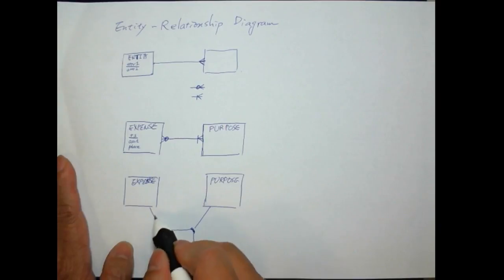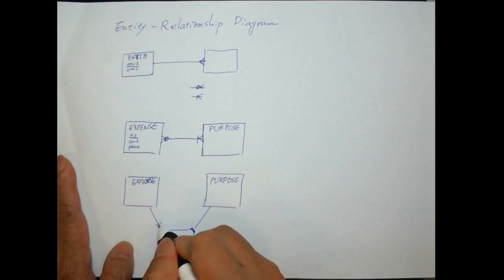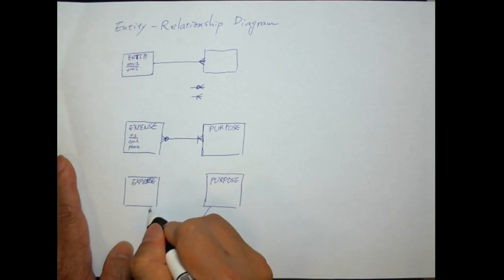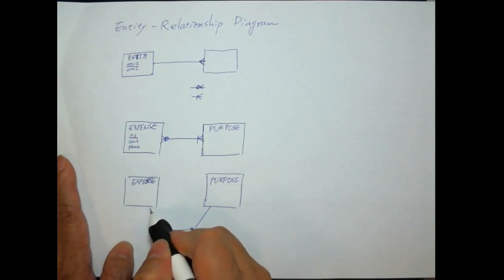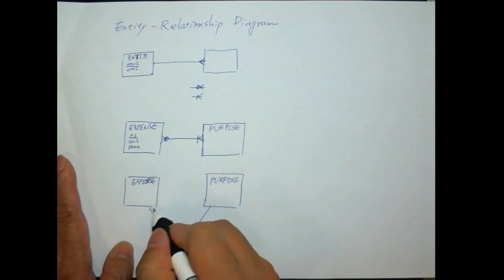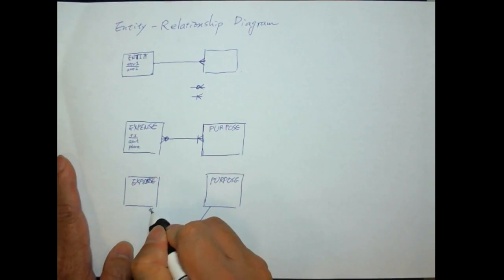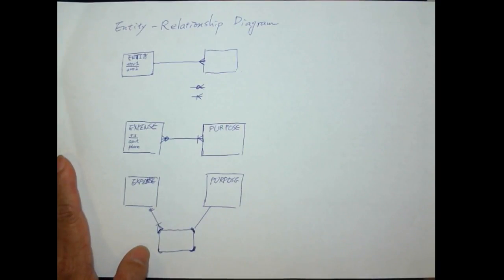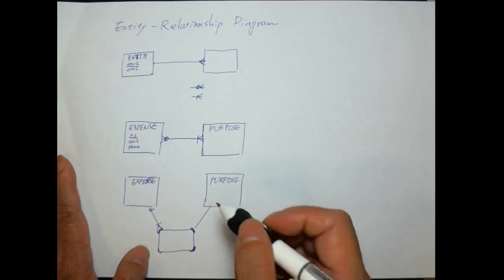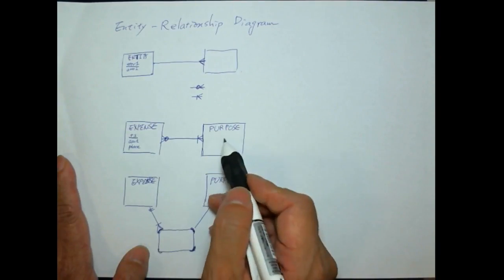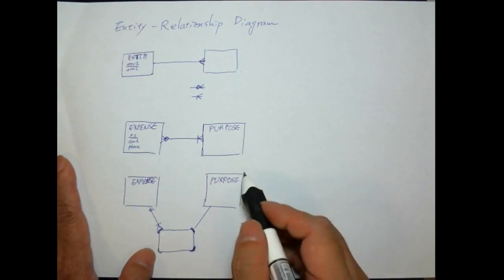Now let's see. The relationship is designed like this. When we start from expense to purpose, we just move the one-to-many relationship to the expense and the associative entity.